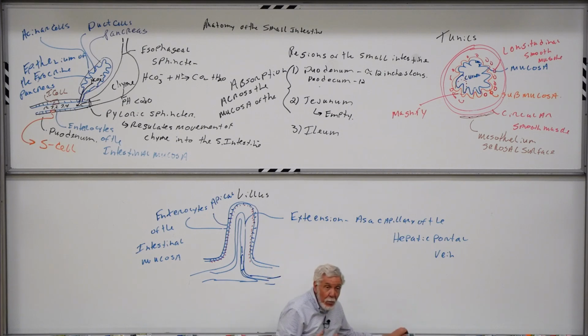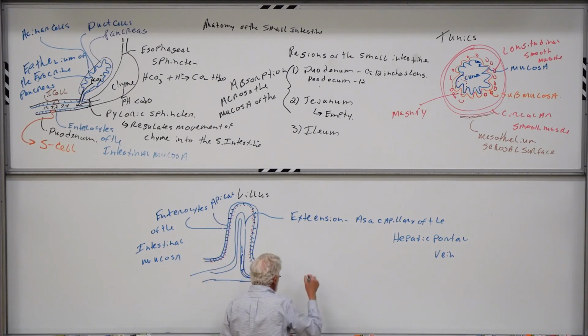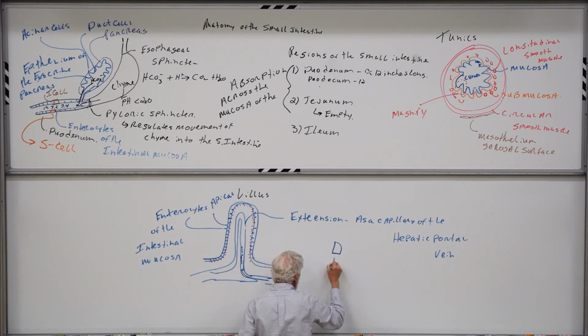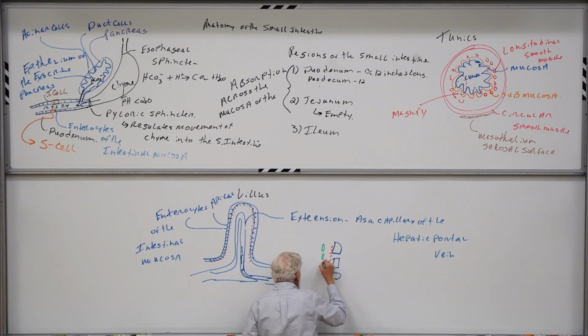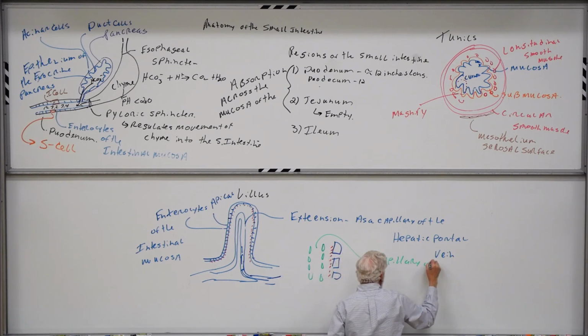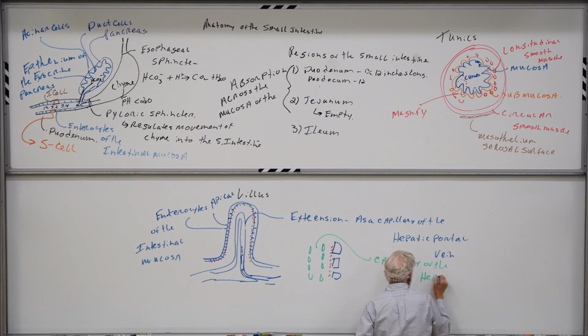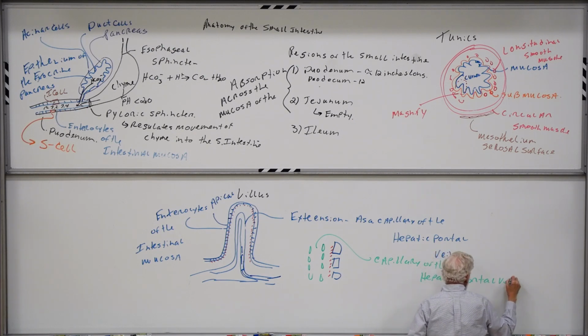Now, these are classic capillaries, and so these epithelial cells, if we blow this up a little bit here, sitting on their basal lamina, are right next door to the endothelial cells forming the capillary of the hepatic portal vein.